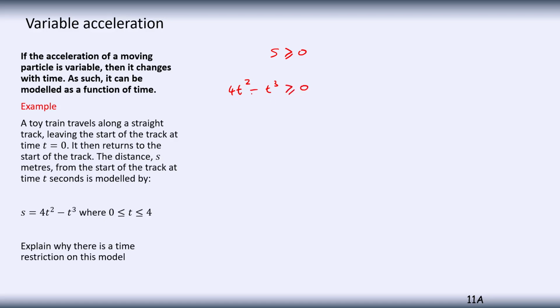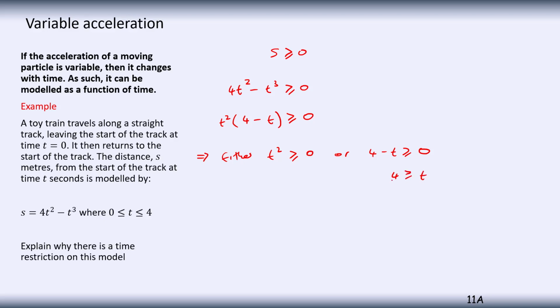Now I can solve for t by factorizing. I've got t squared, which is common to both terms. I've got 4 minus t is now greater than or equal to 0. So this implies then that either t squared is greater than or equal to 0, or 4 minus t is greater than or equal to 0, which means that 4 is greater than or equal to t.